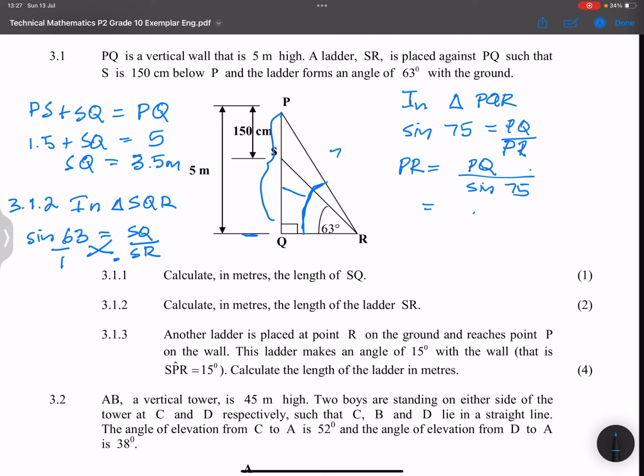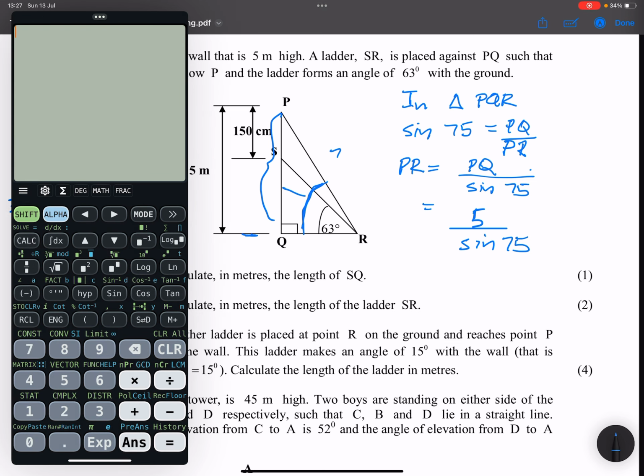So that would be 5 meters divided by the sine of 75. And remember, we got the 75 by saying 90 minus the 15 degrees that was given. So that would be 5 divided by sine of 75, and we get a size of 5.18 meters. That's how much the length of that ladder would be.